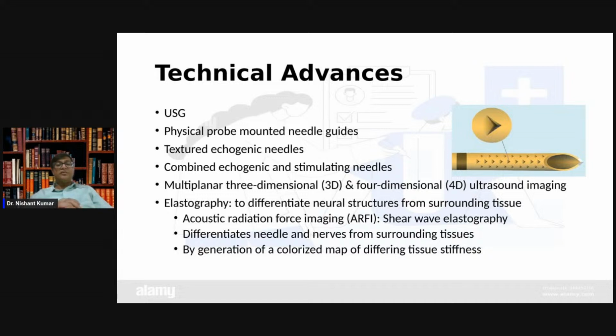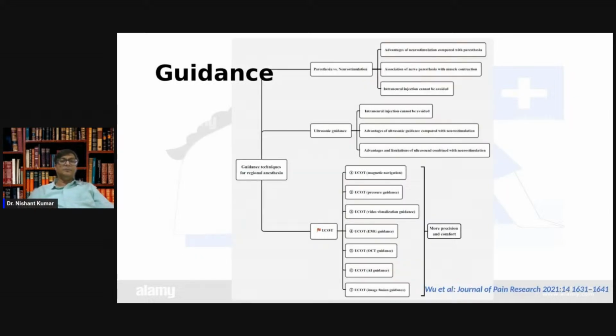So we have the acoustic radiation force imaging, which is shear wave elastography, which differentiates, as we give the fluid, or because of the tissue intensity, the structures appear different, and the needle is differentiated from the surrounding structures, and we can tell exactly where the nerve is, which one is the muscle, which one is the vessel. So based on the different elastic properties, the acoustic radiation, we have the different structures in a different color.